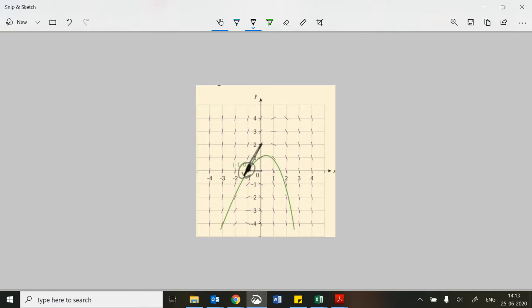At this point, maybe the gradient is 1, so we go across 1 and up 1, and that will be our new point. Then we go 1 across again. You can see it's a gradient of 0, so I go 1 across. And maybe this is a gradient of -2, so -2 would take us down here.